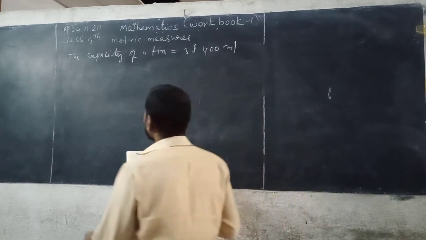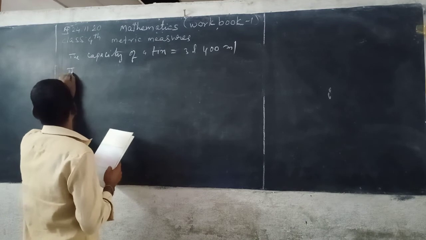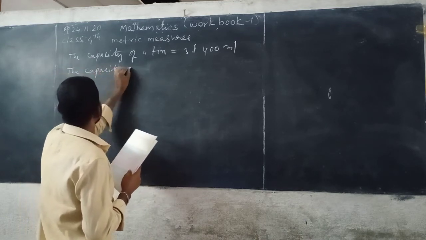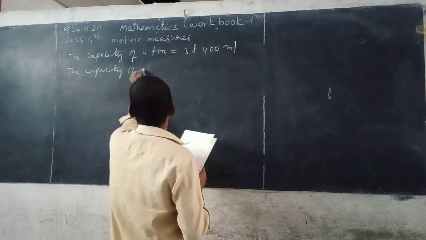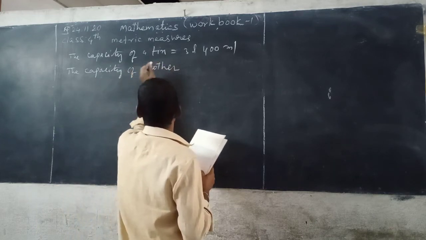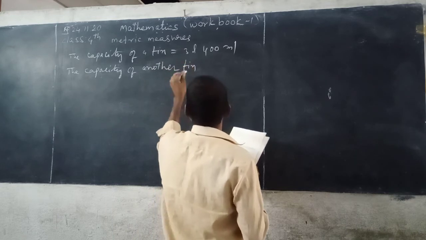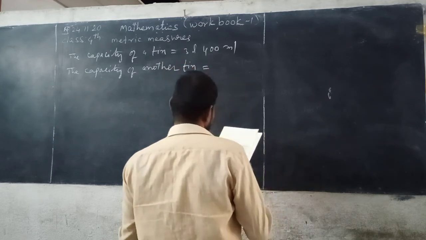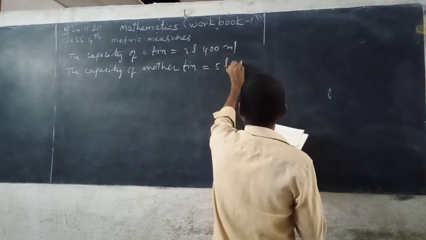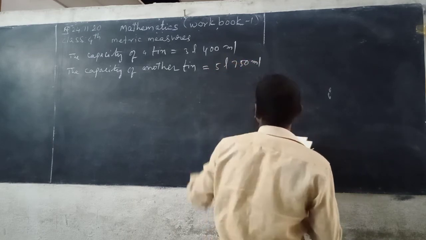Now next, the capacity of another tin is equal to 5 liter 750 milliliters of paint.